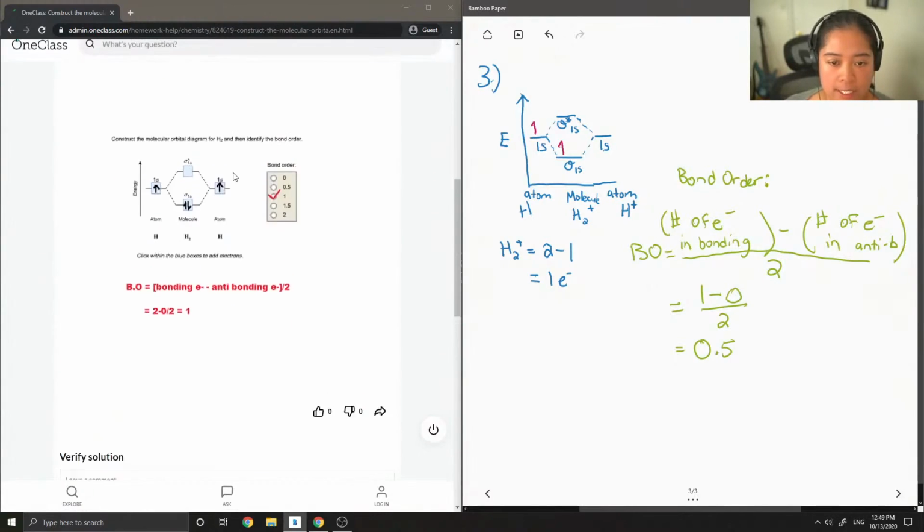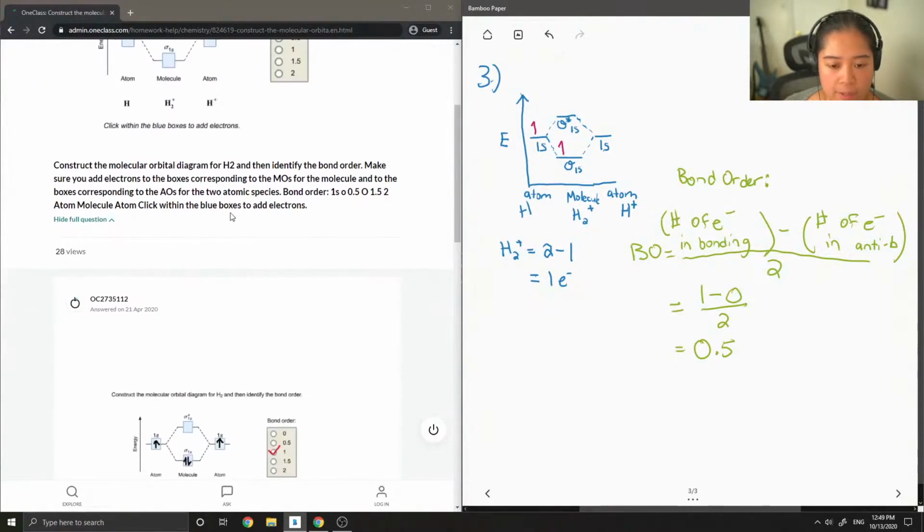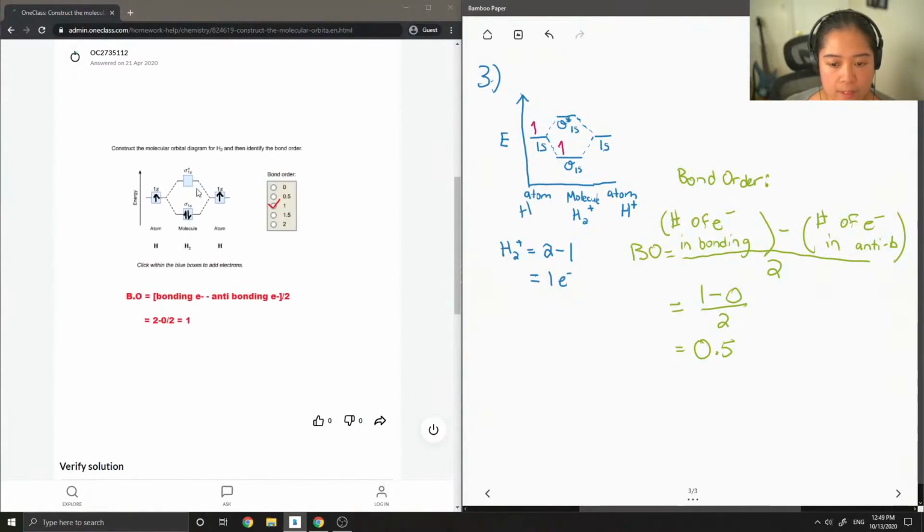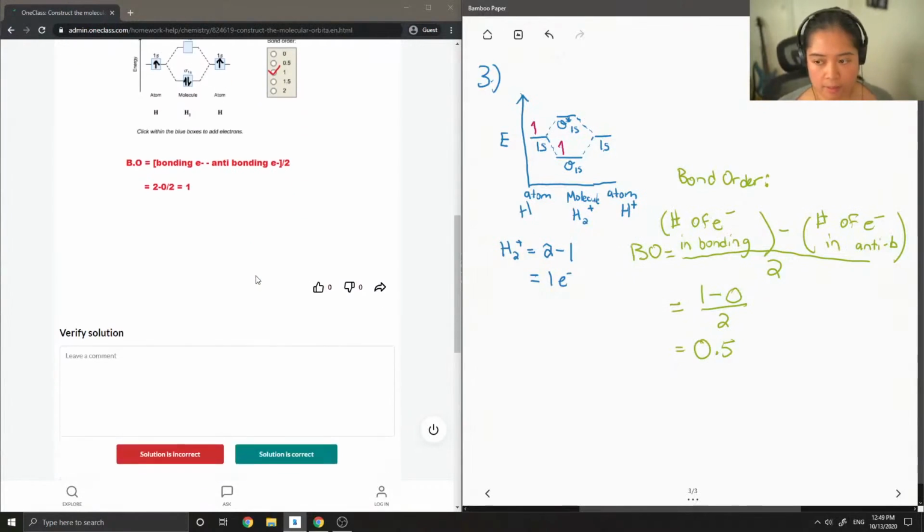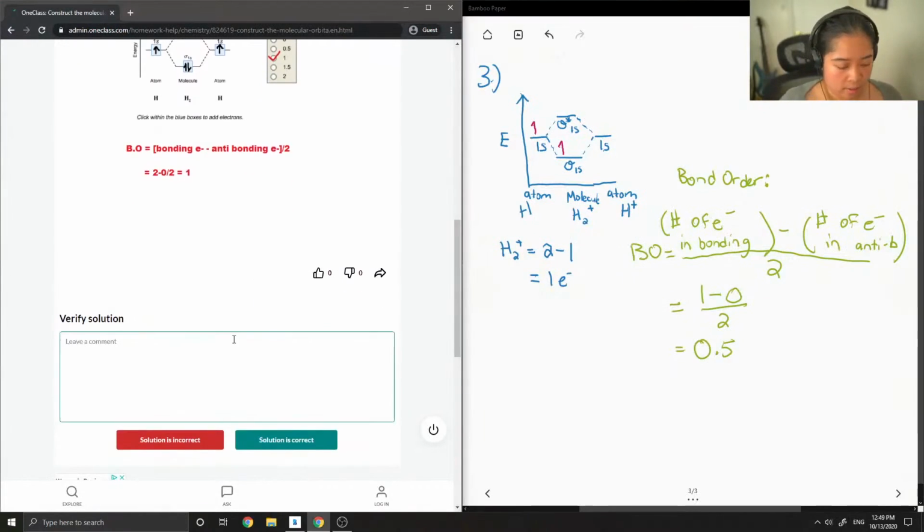Yeah, so this is H2 and not H2 plus. So this particular answer is correct, but since the question that we're looking for is for H2 plus, it would be missing an electron, and the bond order would be equal to 0.5. So I'm just going to write that down.